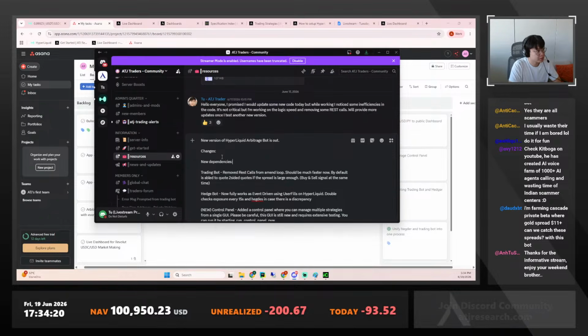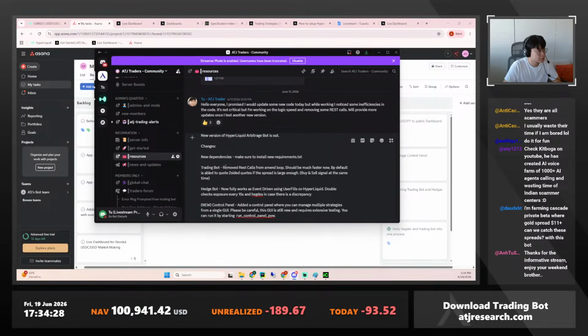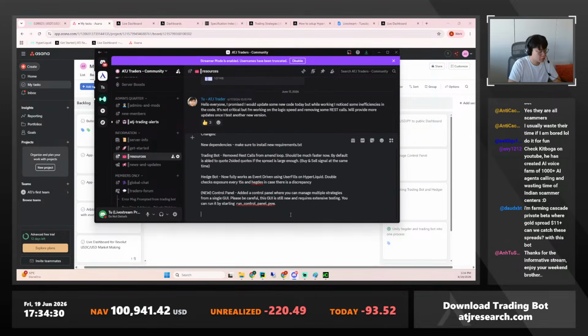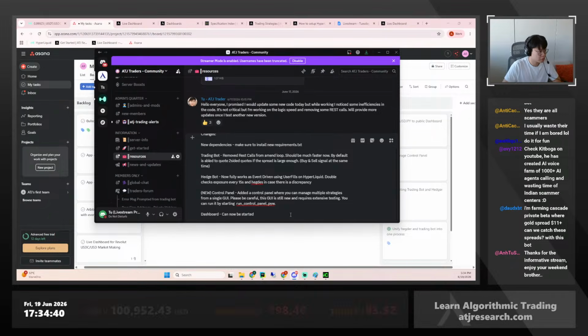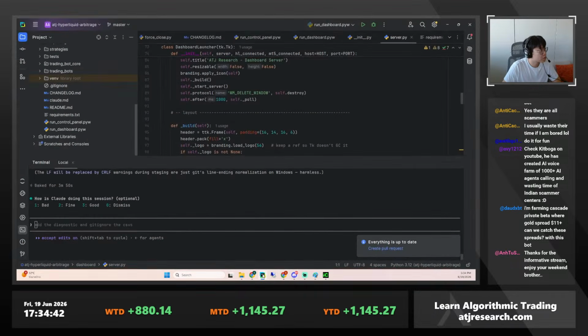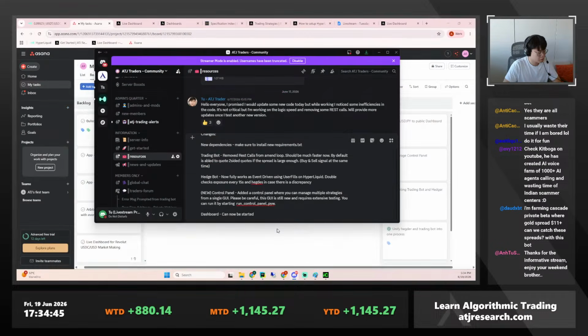New dependencies: make sure to install the new requirements.txt. And then the dashboard can now be started with run dashboard.pyw.